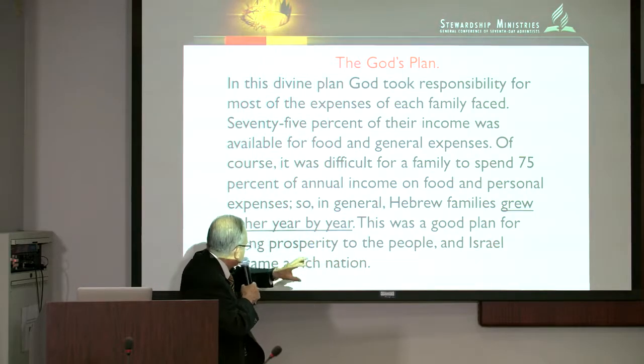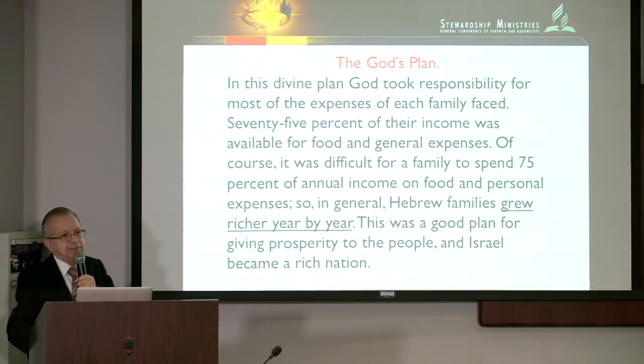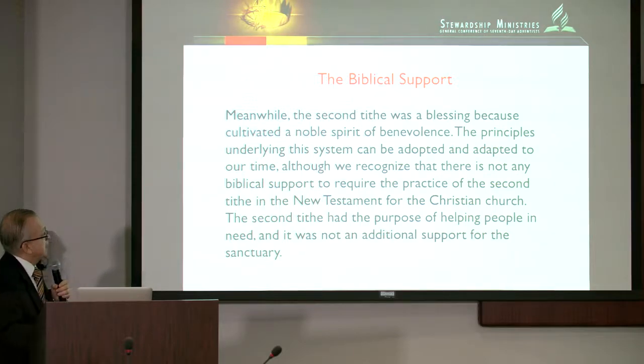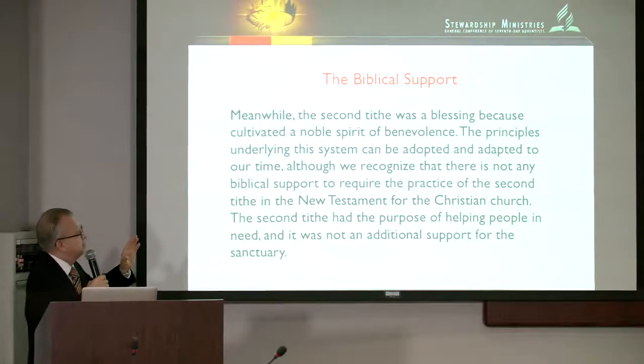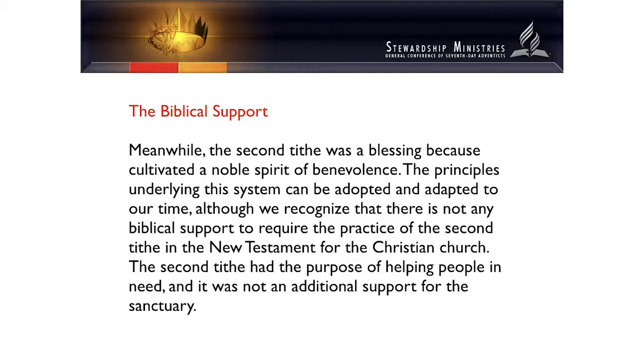It was a good plan for giving prosperity to the people, and Israel became a rich nation. Meanwhile, the second tithe was a blessing because it cultivated a noble spirit of benevolence. The principles underlying this system can be adopted and adapted to our time.